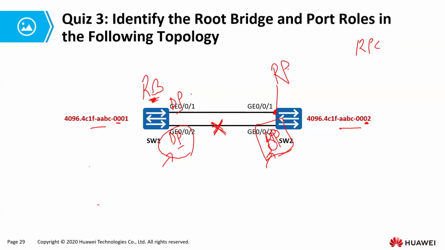So in summary, what we are doing here is identifying the root bridge and identifying the port roles in STP. There is need for understanding that so that you see what becomes the blocked link. So steps: number one, you identify the root bridge. Number two, you identify the root port. You then look at the designated port. Then lastly, you find the blocked link. Per blocked link, you have one DP, one non-DP.